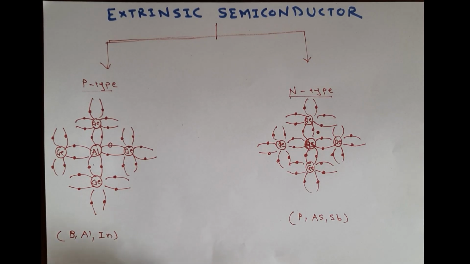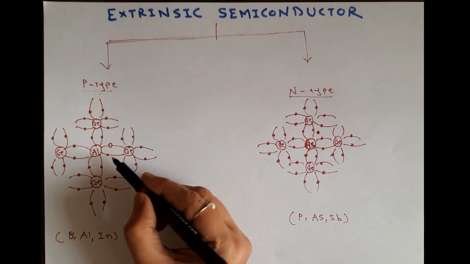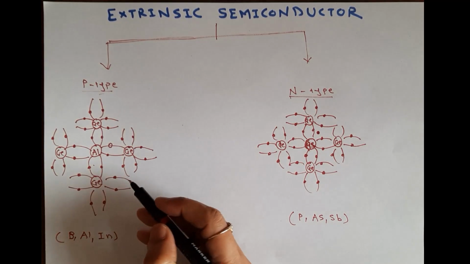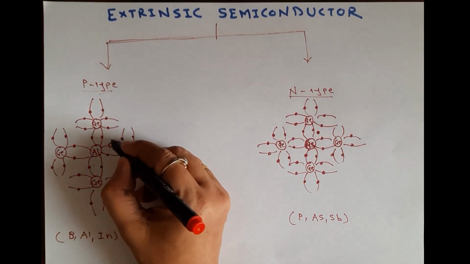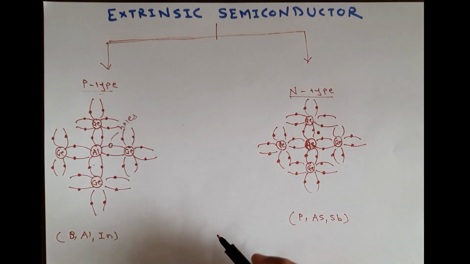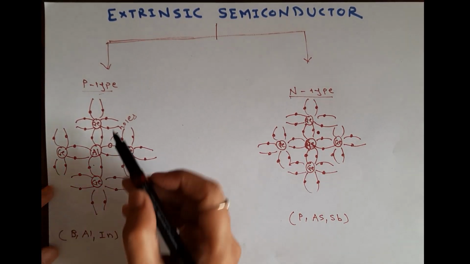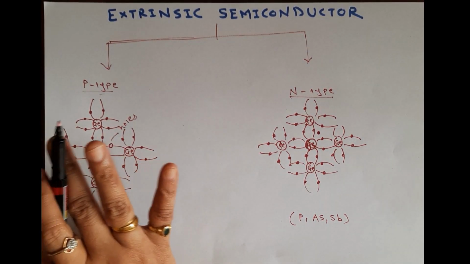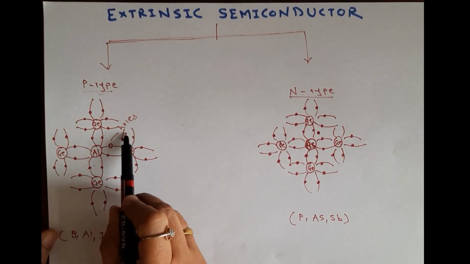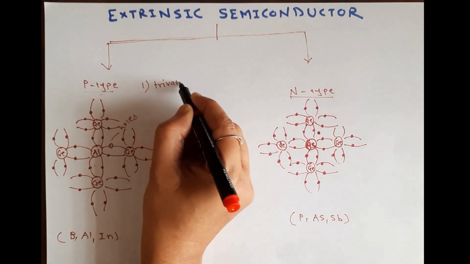Now we will discuss the p-type semiconductor. P-type semiconductor has a large number of holes and its conductivity is due to the positively charged holes. If you see this diagram, you can easily understand that in the pure germanium structure we have added this aluminum impurity, which is a trivalent impurity.